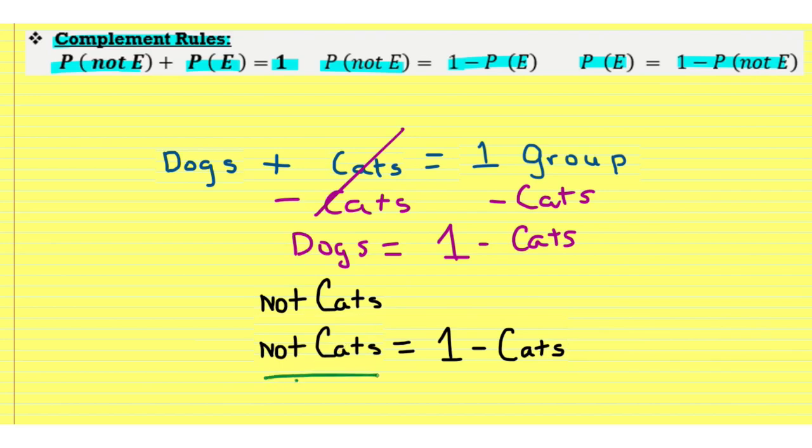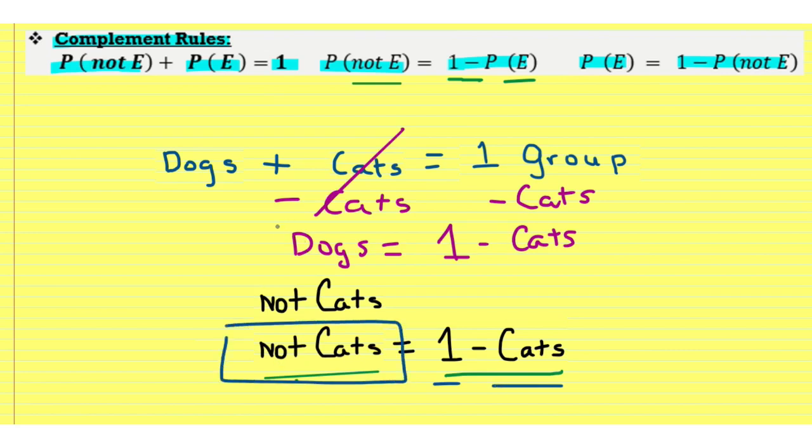Not cats, here's not E. Here's 1 minus cats and 1 minus E. If we have the one whole group and we take out all the cats, that leaves us with all the not cats, which also happen to be dogs.